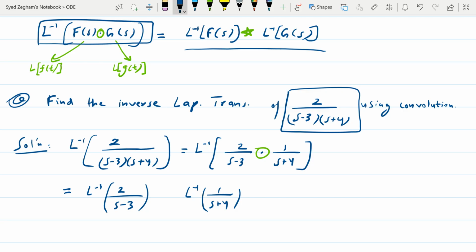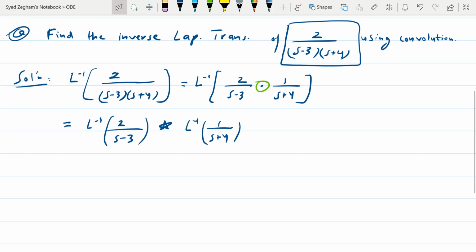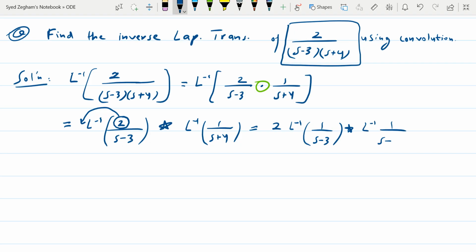So we will get L inverse of 2 over (s minus 3) convolution with L inverse of 1 over (s plus 4). A basic property of Laplace transform and inverse Laplace transform is that if you have a constant, you can always keep it outside. So this gives me 2 times L inverse of 1 over (s minus 3) convolution with L inverse of 1 over (s plus 4).